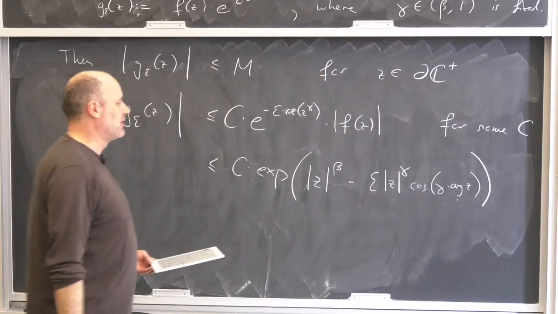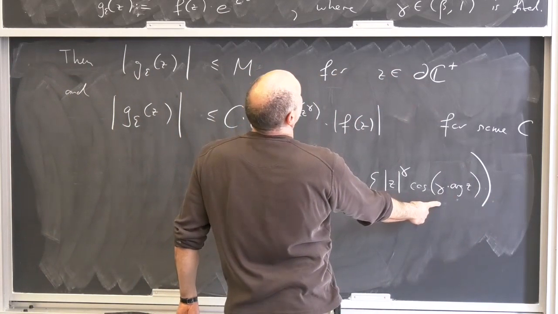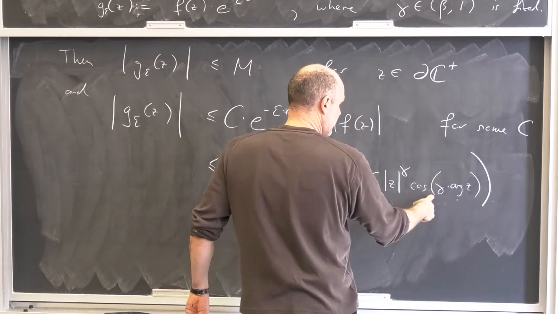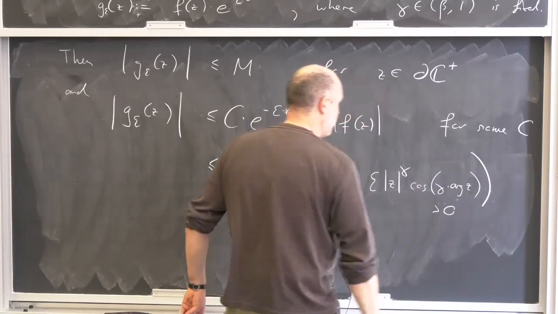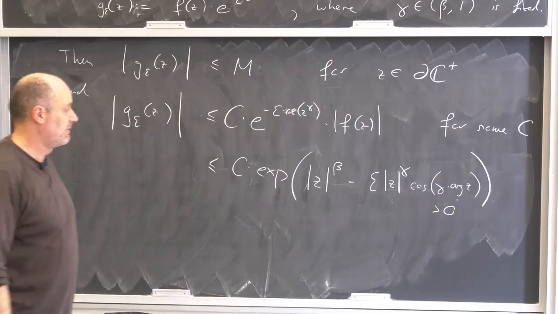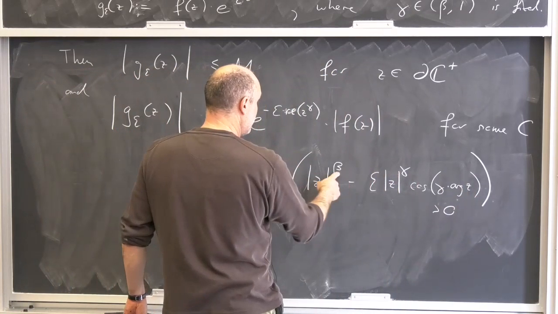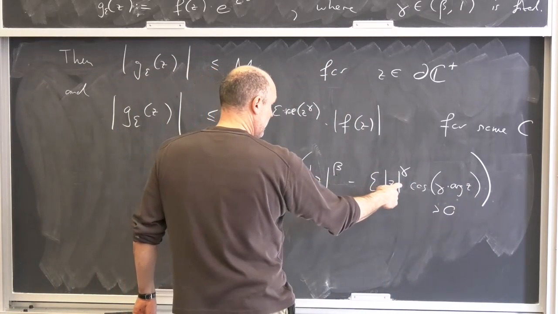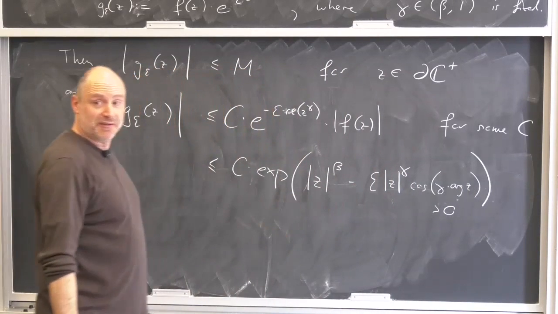So what do we have here? Gamma is less than 1, which means the cosine here is positive. Gamma is also greater than beta, which really means that the negative part in the exponent dominates.